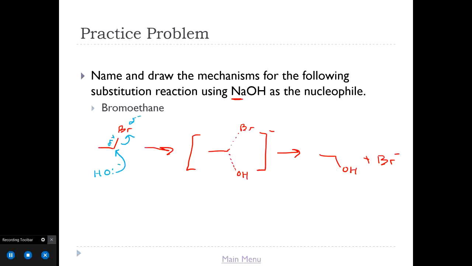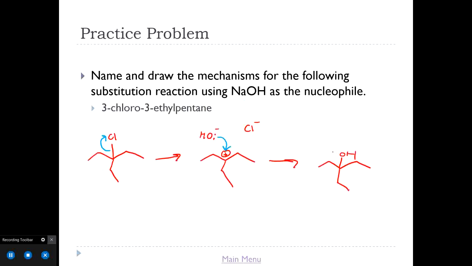So we could go from bromoethane all the way to ethanoic acid. Whereas with a tertiary halogenoalkane, when we produce this alcohol, it's stuck here. We can't oxidize this any further because it's a tertiary alcohol.